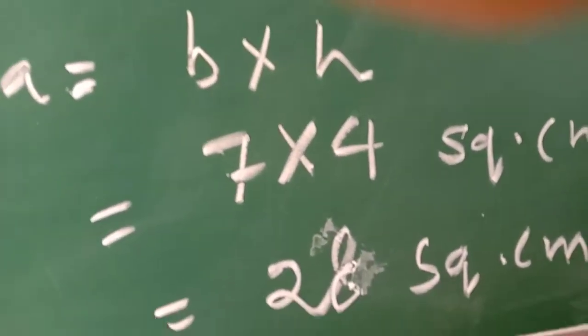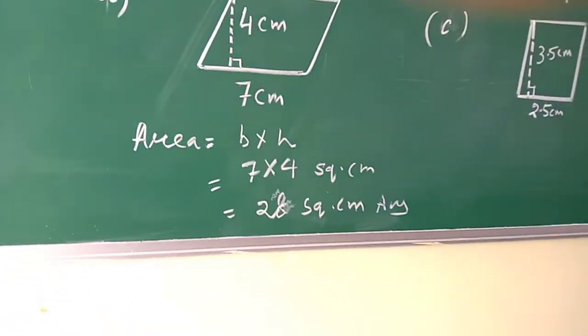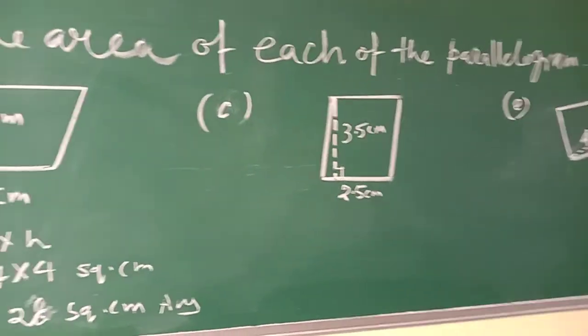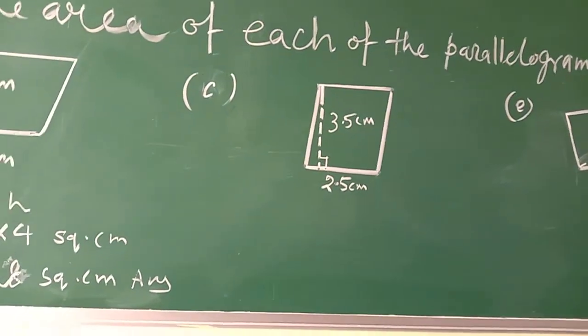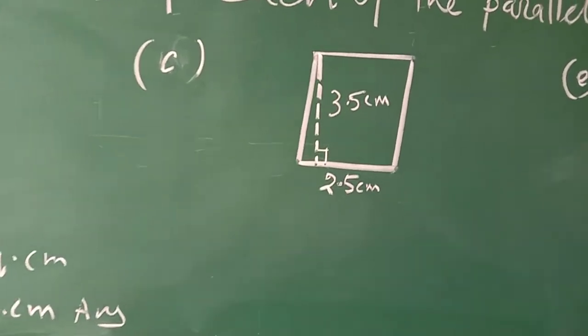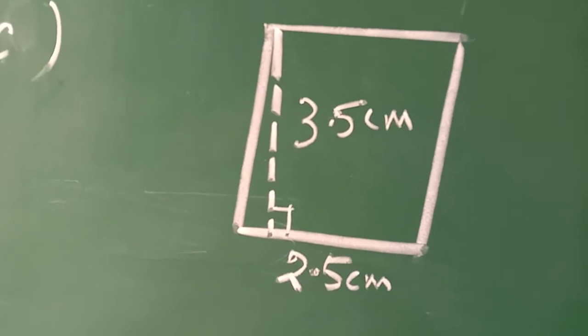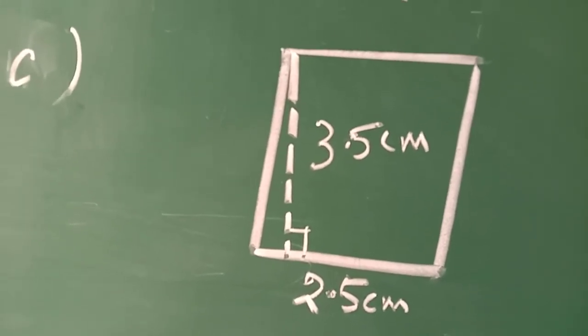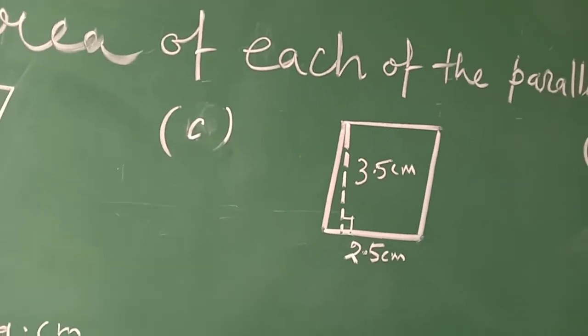Done? 28 square centimeter, very easy for you. But what you are understanding here is only how to use the formula to find the area of a parallelogram. How to do multiplication is not the purpose here. The purpose is that using the formula we are finding the area of a given parallelogram.